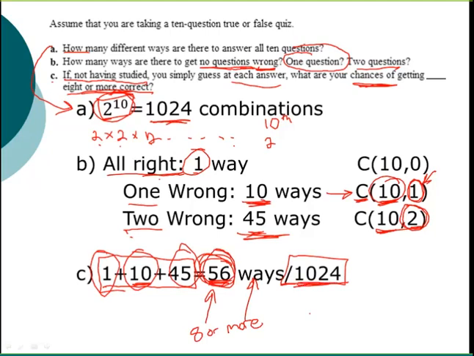So 56 divided by 1,024 gives me 0.05, basically 5.5% chance of getting a B or higher on your test by completely guessing. So not terribly great odds.